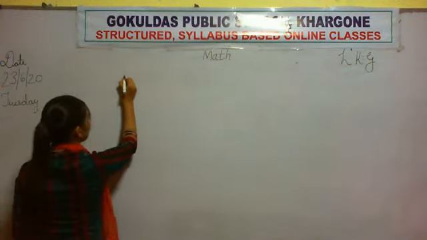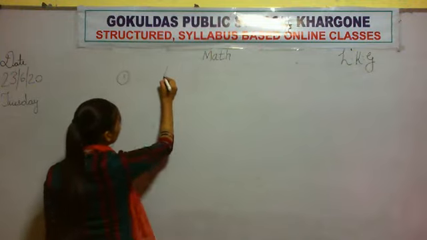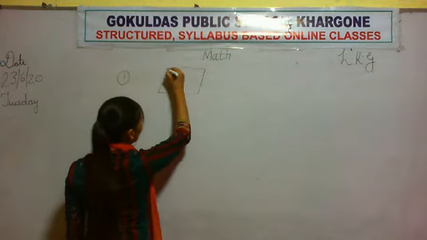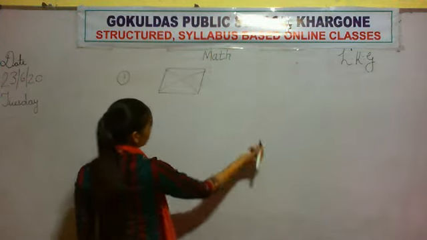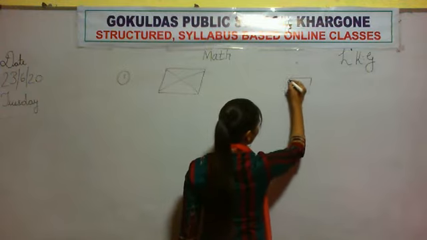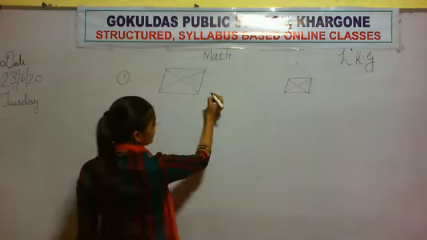Okay. First example is box. This one is a big box, and this one is a small box. So you write here which one is big.